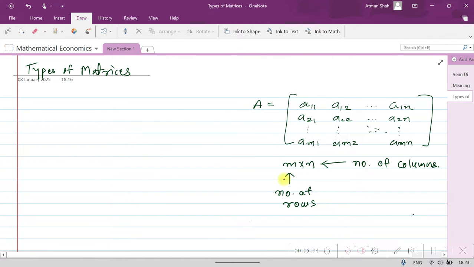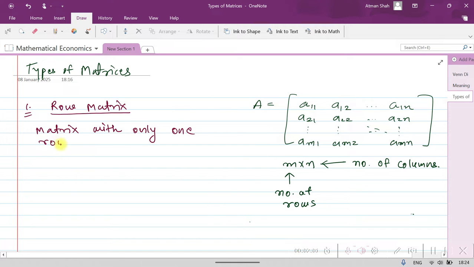Now let's understand the types of matrices. So first is row matrix. Now what do we mean by row matrix? A matrix which has only one row.